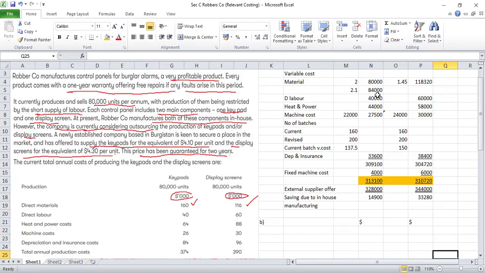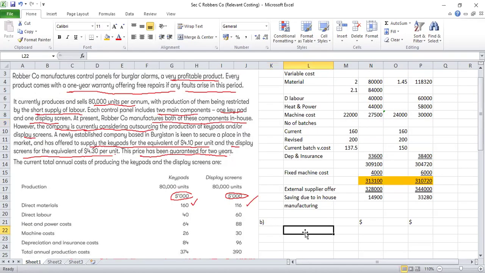The rest we divided into specific and non-specific fixed cost. So we have 80,000, then 84,000, then labor cost of 40,000, and then machine setup cost of 27,500. So the first four variable costs are basically 231,000, if I add up all these values.